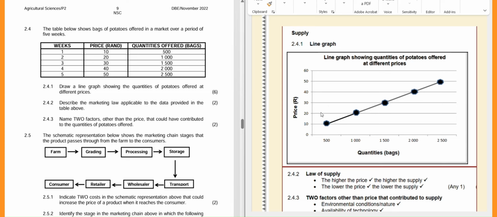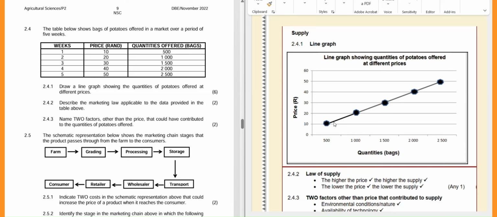And we have the correct line graph, the correct curve. This is the supply curve. As you can see, we didn't do something else. This is the supply curve.